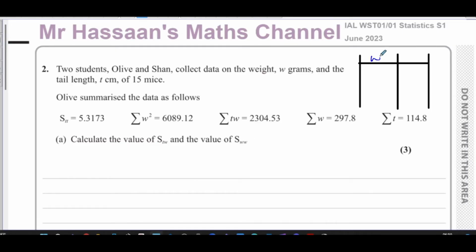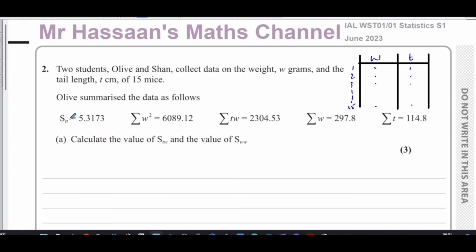So weight is W and tail length is T. They've collected some data about the weight. There's 15 mice, so you have 15 pieces of data. They've taken the weight of the mice, so you've got the individual weights here, and you've got the tail length of those mice. So that's the data that we have.